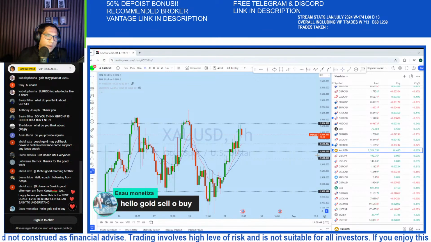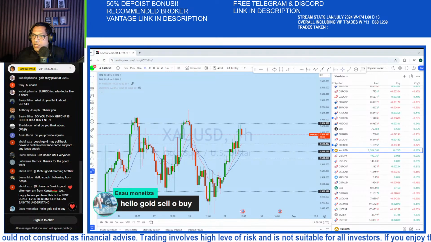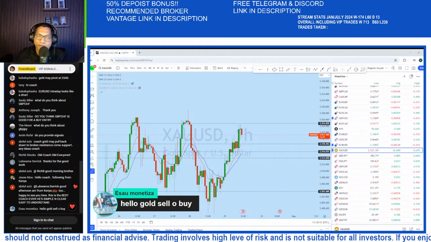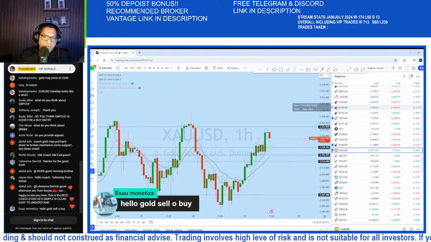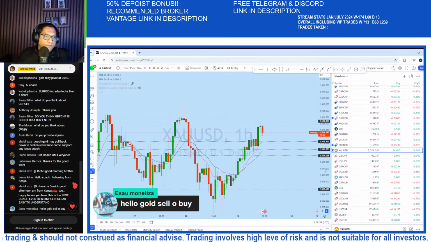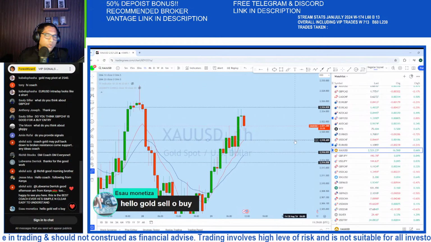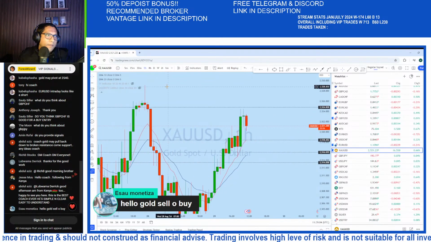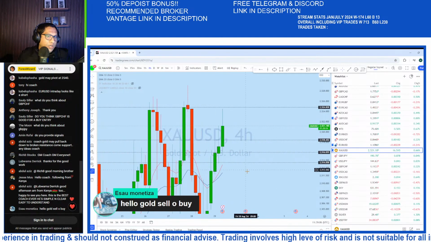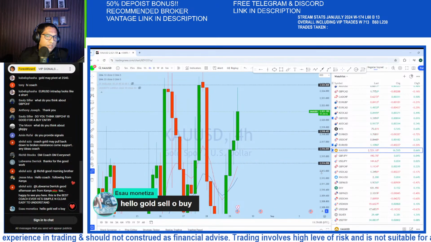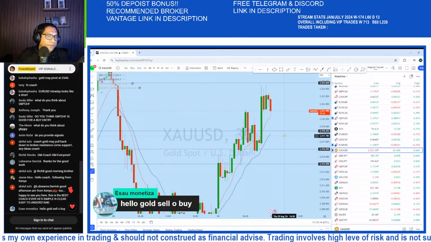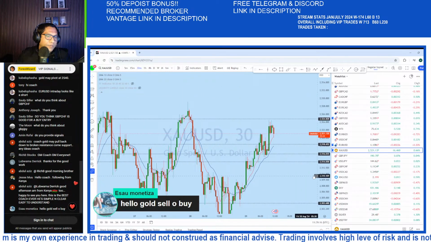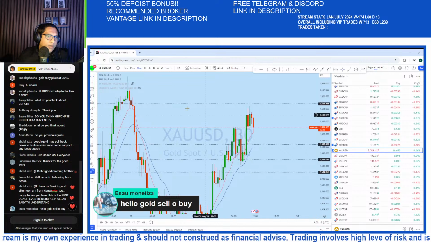Gold sell or buy? That's a very difficult question to say either gold sell or buy. We have to look at a multi-time frame approach depending on what time frame you are looking at. But at the moment, we see that gold is in a pullback, and we are targeting to see gold dropping back to the support, which is 25.16 or even 25.14 level, and then we can look for entry.